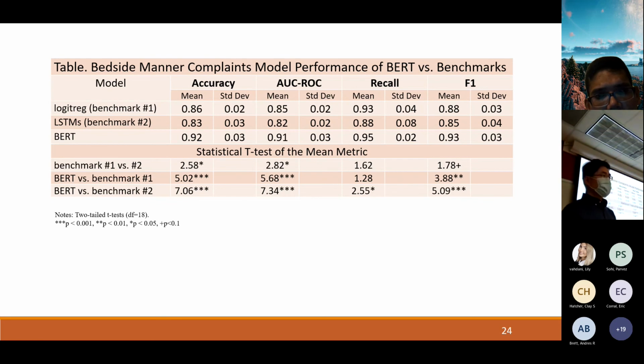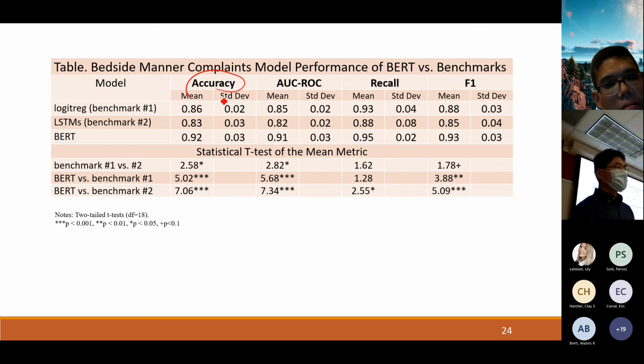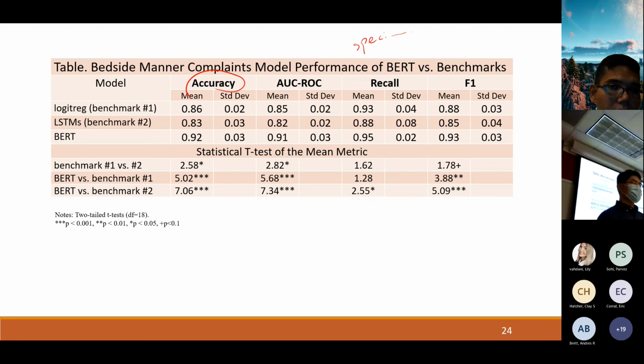And if you look at other papers, you may not have accuracy, because after looking at these, it's almost not really necessary. Some will look at specificity instead of accuracy, but looking at 4 would be typically enough.